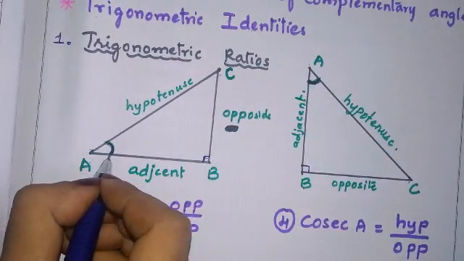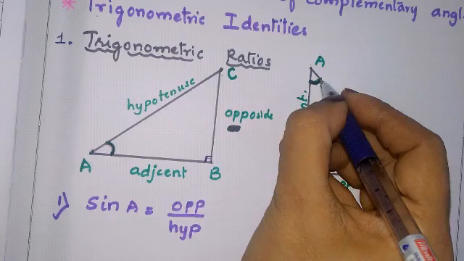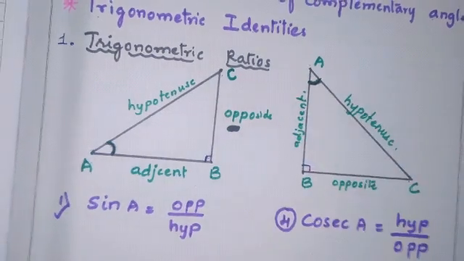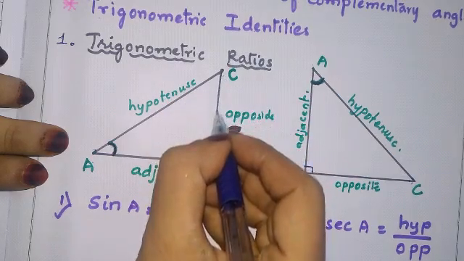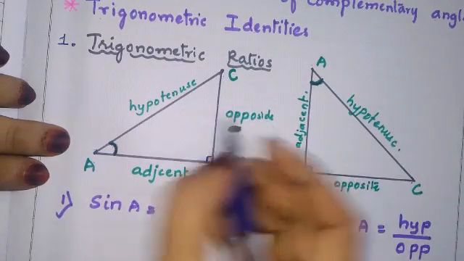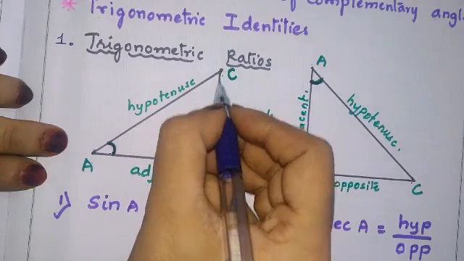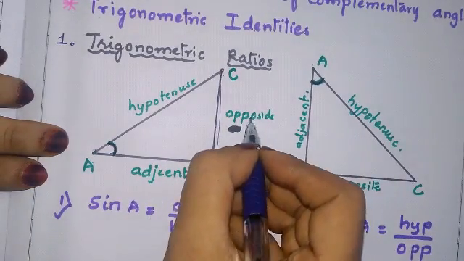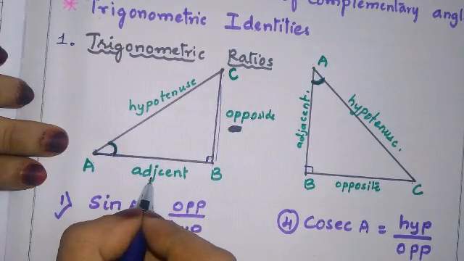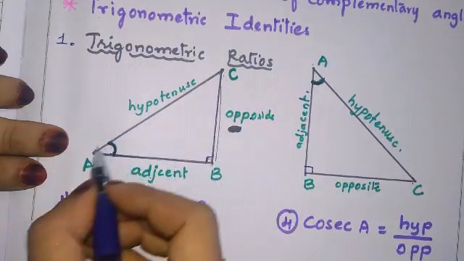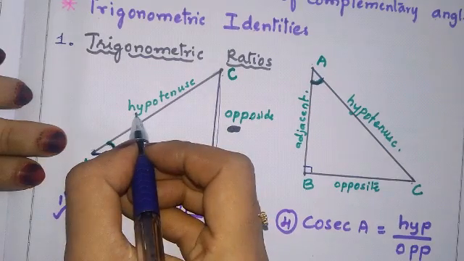In this triangle angle A is here, and in this triangle angle A is here. So the line opposite angle A is called the opposite side, and the line along angle B is nothing but the adjacent side. And we all know that the longest side is nothing but the hypotenuse.